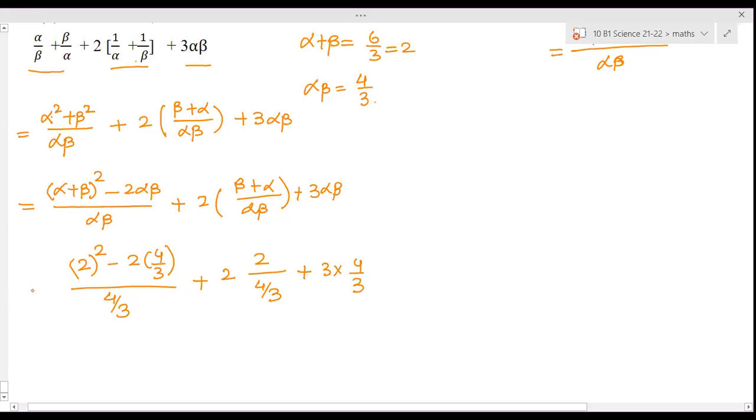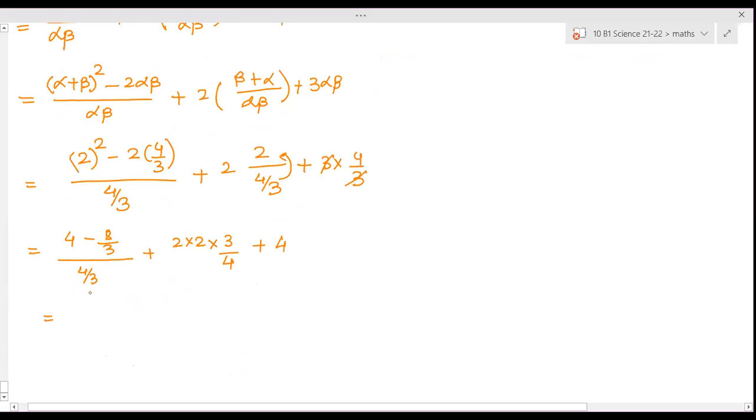Yes, ma'am. Keep simplifying. 4 minus 8/3 divided by 4/3 plus 2 into 2 into 3/4. 4/3 will go to the numerator as reciprocal and this 3 gets cancelled, plus 4. So it is equal to, now LCM is 3. So 12 minus 8/3 into 3/4 plus 4 into 3/4, which is 3, plus 4.